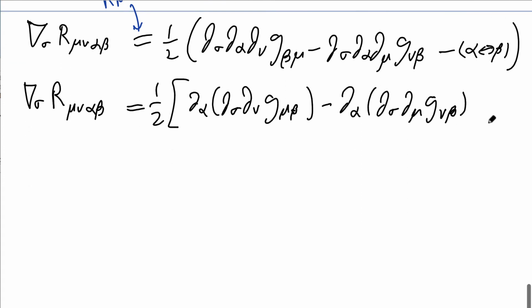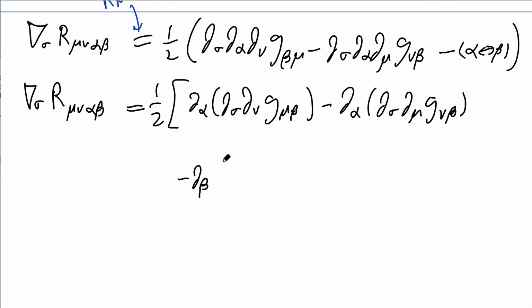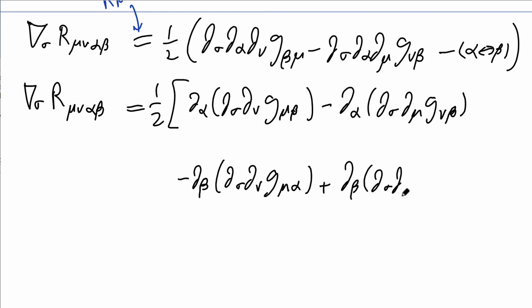And then we also have the terms where we swap alpha and beta, so this will be minus ∂_β ∂_σ ∂_ν g_μα, and then plus ∂_β acting on ∂_σ ∂_μ g_να.